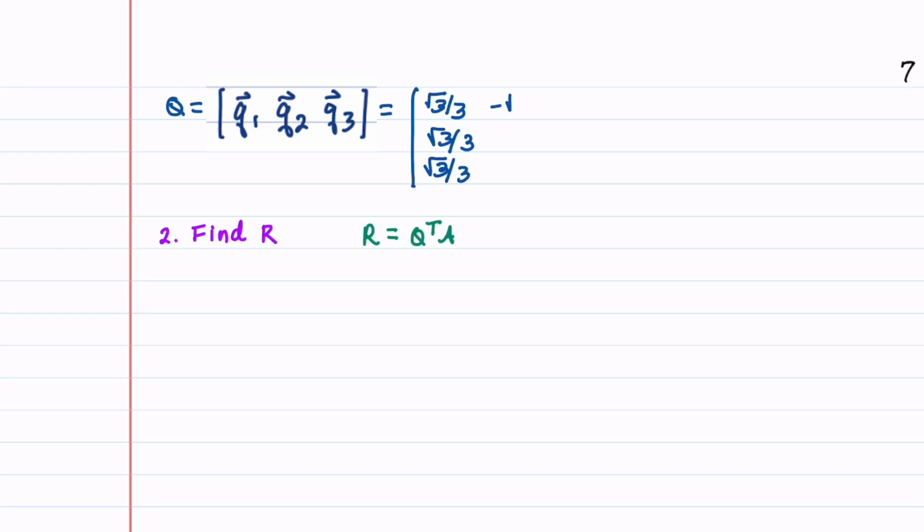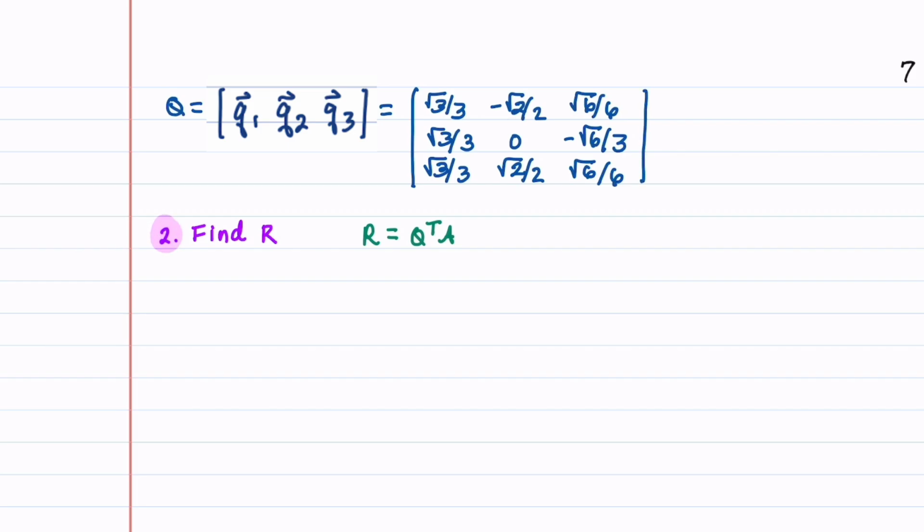Q2 is minus root 2 over 2, 0, and root 2 over 2. And then Q3 is root 6 over 6, minus root 6 over 3, and then a root 6 over 6.